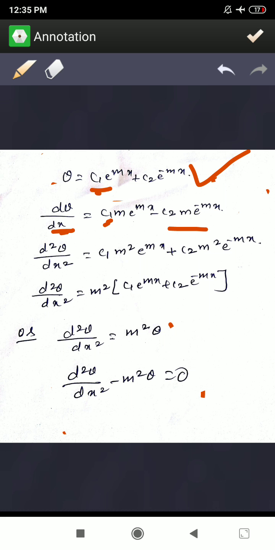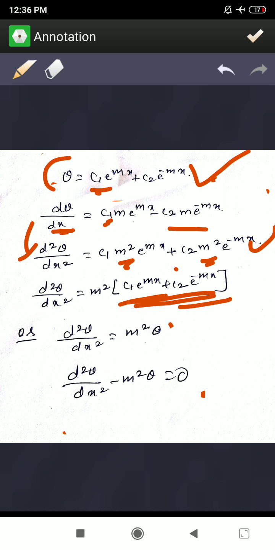Differentiating once more, d square theta by dx square equals c1 m square e raised to mx plus c2 m square e raised to minus mx. I can take m square outside, as it is common in both terms, and we are left with c1 e raised to mx plus c2 e raised to minus mx. This total term is nothing but our theta.